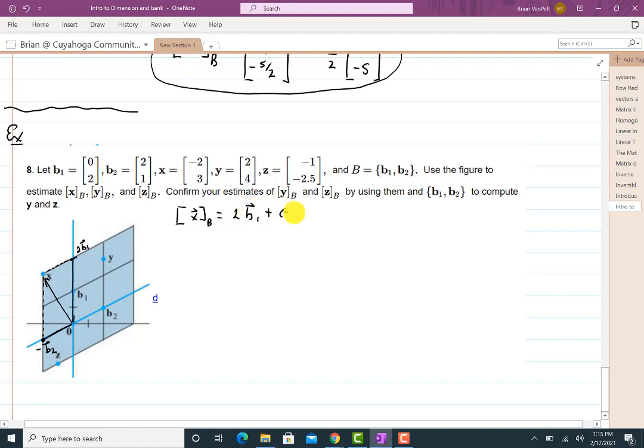I think what I'll do is put plus negative 1 times b2 so that you can clearly see. And you know what? The way I wrote this is not correct anyways. x equals that. That's the actual value of x. In the b representation then, xb is going to equal 2, negative 1.